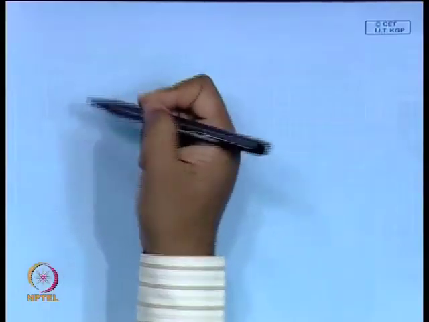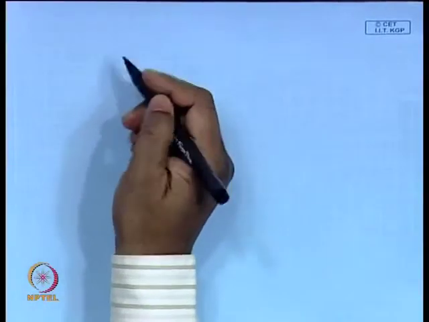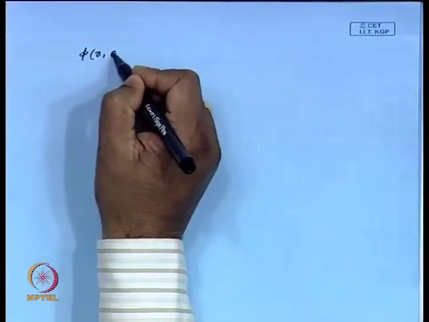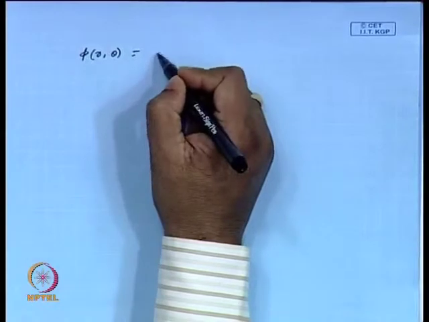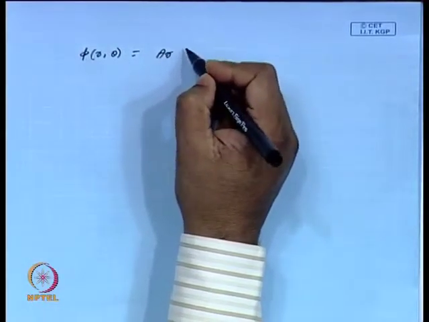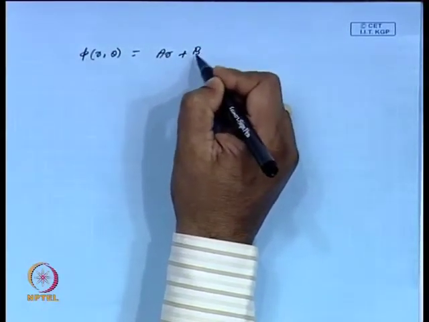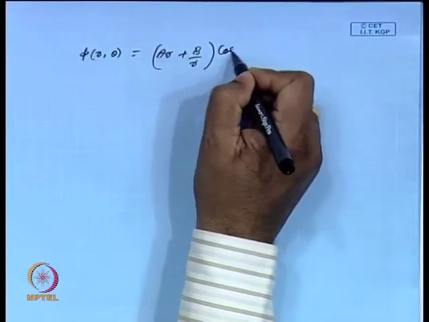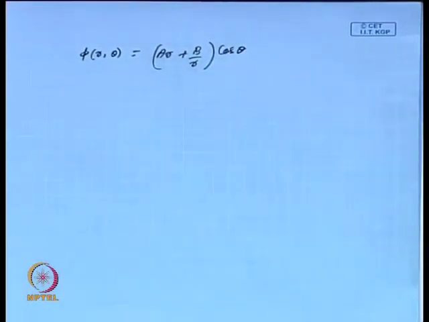Now from A and B, from the nature of the solution of the boundary condition, I can always choose my phi(r, theta), because I have given a general solution, as (a r plus b by r) cos theta.